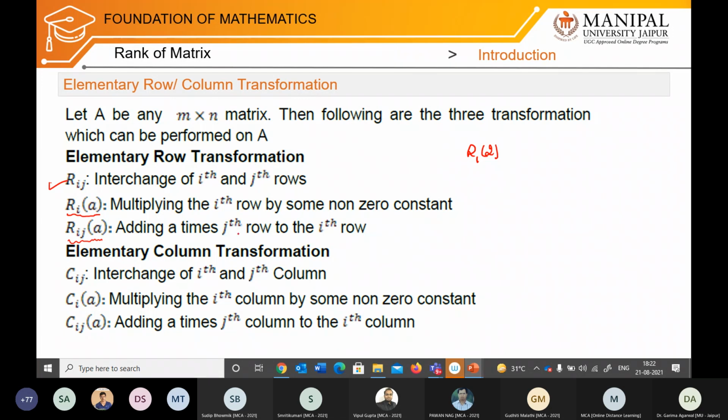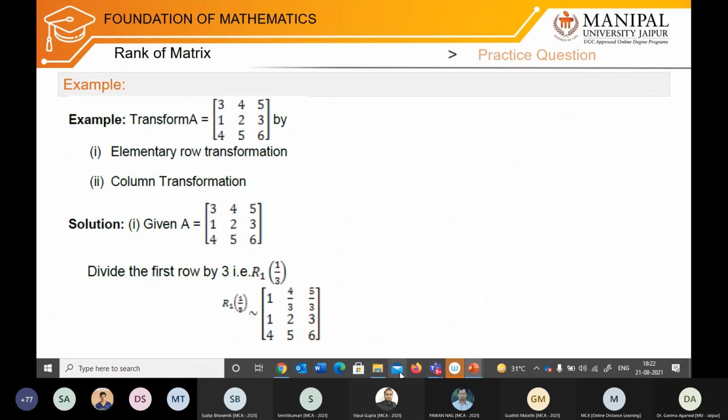If we add two rows, after multiplying the constant a with the jth row and then adding it to the ith row, it is known as Ri plus a Rj, right? Similarly, corresponding column transformations exist, like interchanging of columns, multiplying with any constant and adding a times the jth column to the ith column, right? These are the elementary row and column transformations.